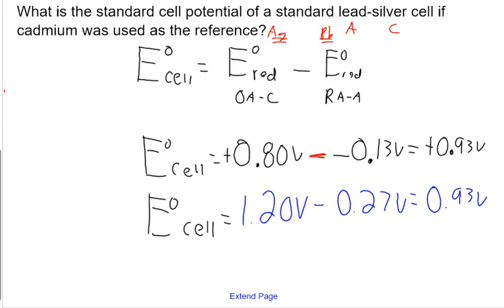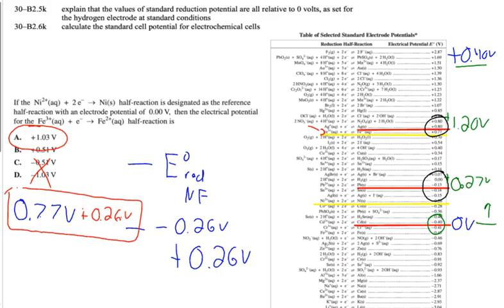The voltage of this particular battery is going to be a little under a volt, no matter what. So if you have a question about switching the reference and they asked about a cell voltage, don't bother switching the reference. But if you're asked about one particular half reaction, then you do have to switch the reference. Okay? So I say half, these are all values for a half reaction.